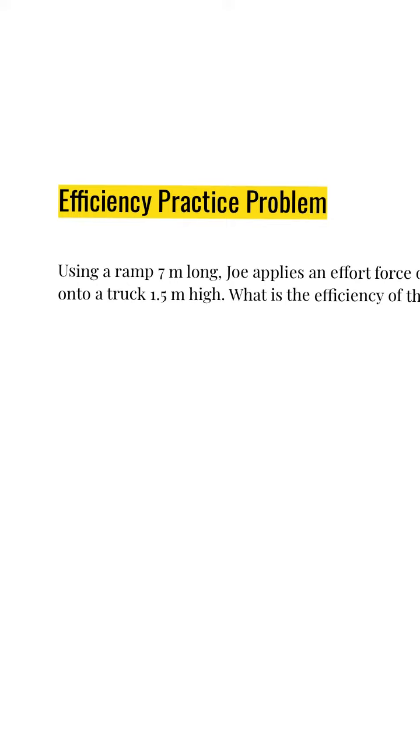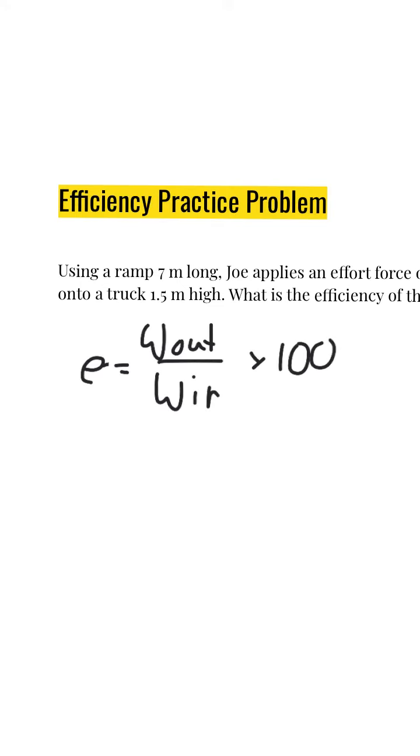Okay, so efficiency, if you remember from the last slide, I'm just going to abbreviate as E. So E equals the work out over work in times 100. We need to solve for work out, solve for work in, and then divide and multiply by 100.